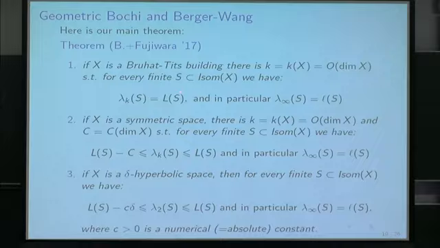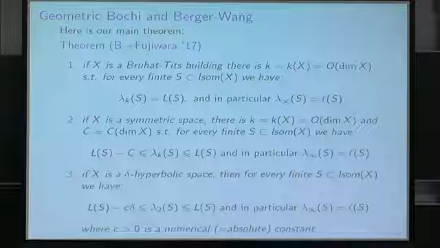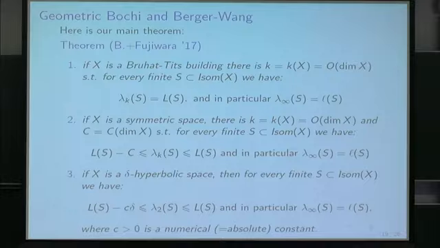So not only do you have this Berger-Wang inequality, but you already have the equality before. So there is a k depending only on X, such that for every finite set S, you can realize the joint minimal displacement by an individual displacement of an element, a word in S of length at most k. Okay? So there is this eigenvalue that realizes the joint minimal displacement.